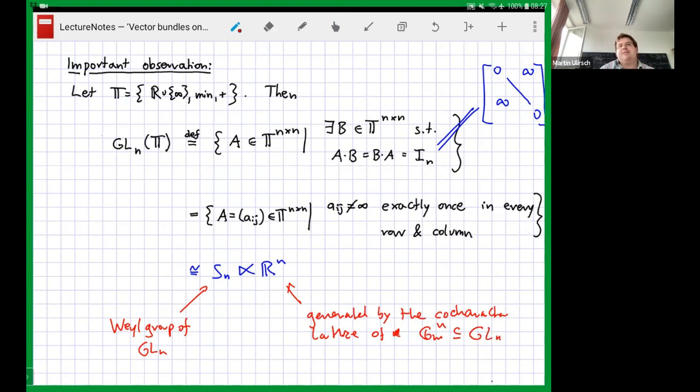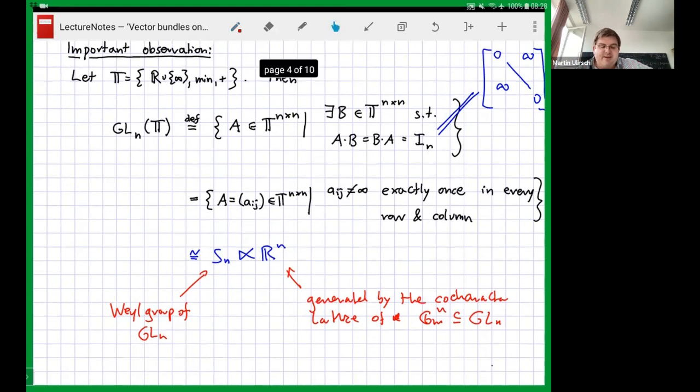And I'm saying these words because if you happen to know what these words mean, then you immediately can think, oh, this is not just for vector bundles, this is really for all principal bundles, what we're doing here. But if you don't know, please ignore whatever I just wrote in red.